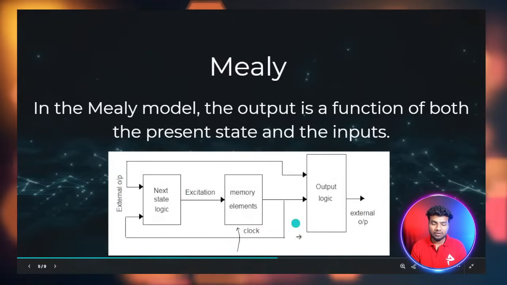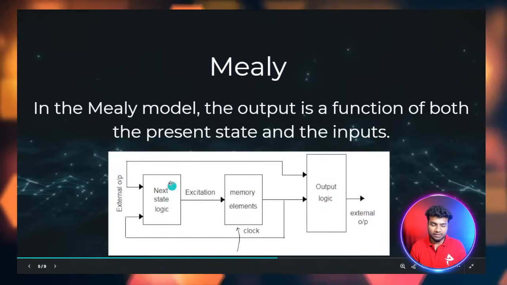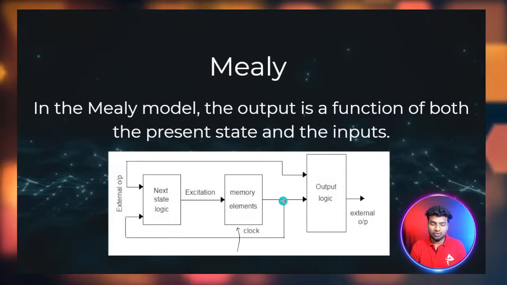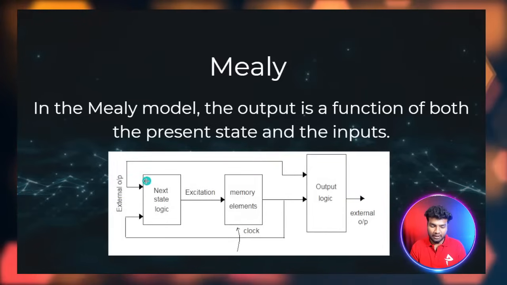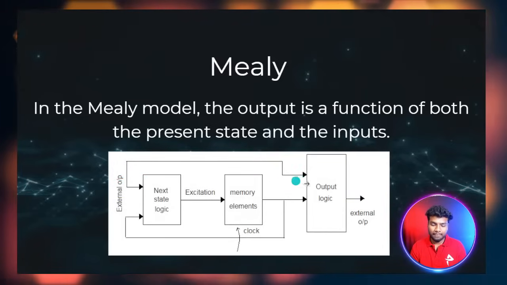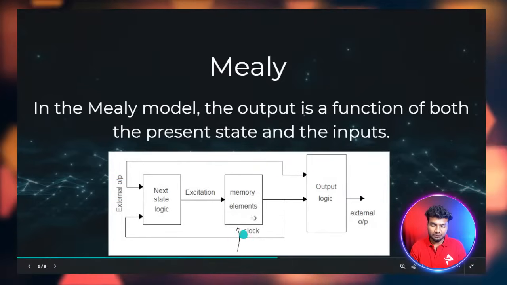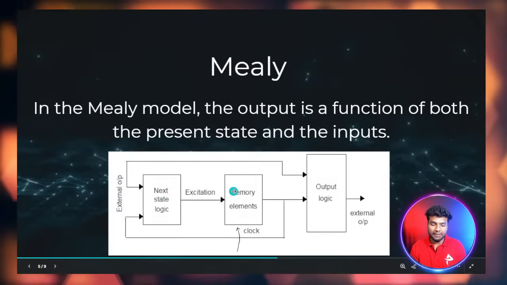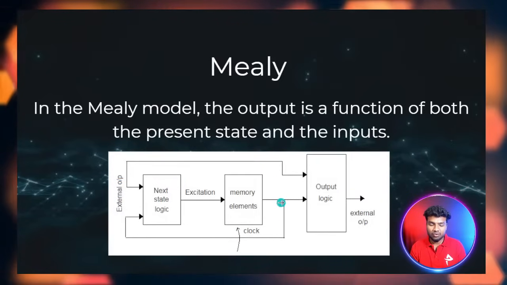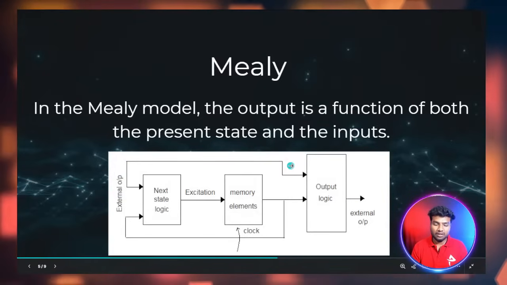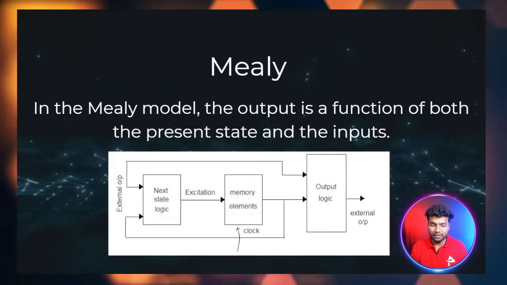This is the next state logic, which stores into memory elements, and it depends on the current input, which I am using directly. The memory elements store our previous values. So the output depends on the current state and the current input.